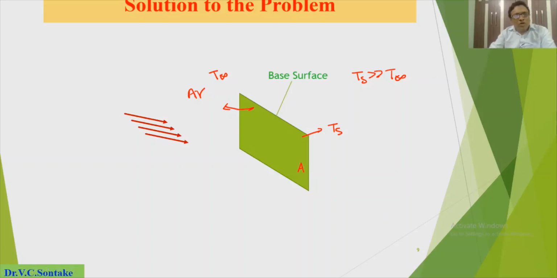So in order to enhance the heat transfer rate from this base surface exposed to the air at temperature T infinity, without changing the value of h, without changing the value of Ts or T infinity, in turn Ts minus T infinity, I can enhance the heat transfer rate by attaching some surfaces, more than one.